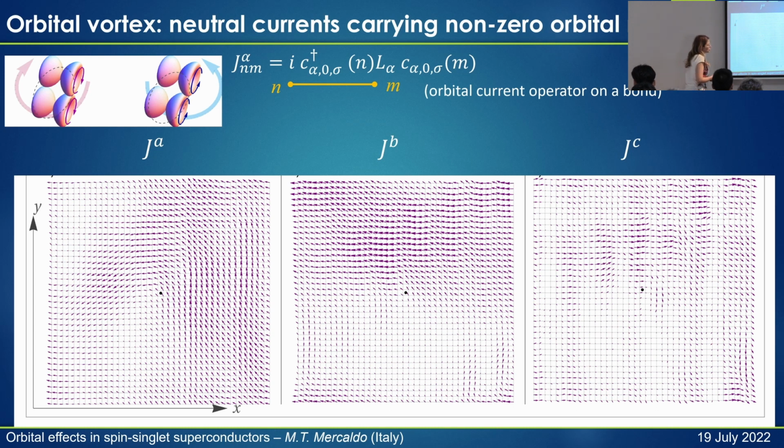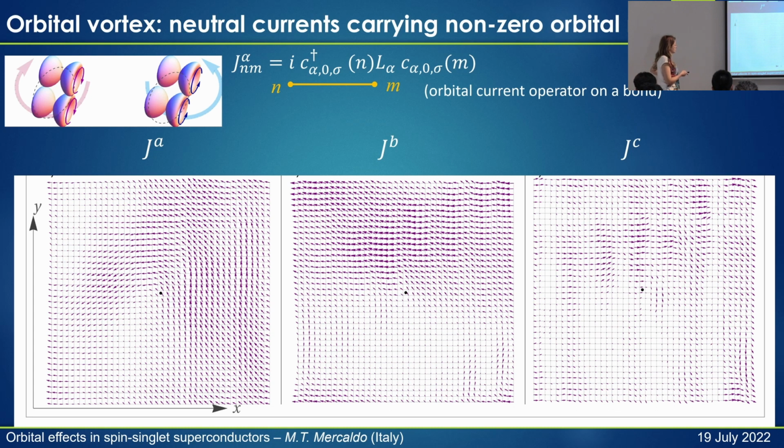Then we look for a hallmark of this vortex phase by looking at the orbital current. This is the orbital current operator on a bond. We are drawing here, this arrow is what you have as a current on this bond, and this other bond. Of course, this is J, and A, B, and C are our orbital characters.